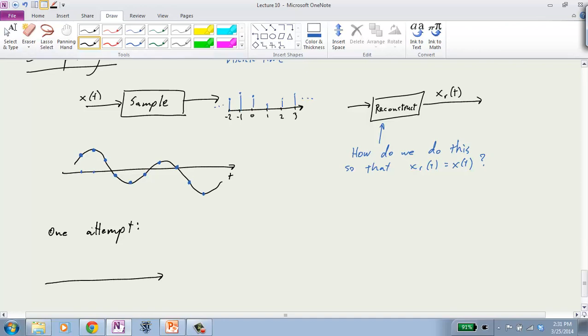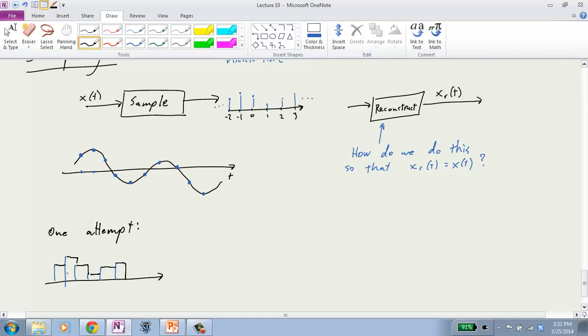So one way would be to do the following with the samples. Just take your samples and do what's called a zero order hold. You just do this. Remember, the reconstruction should be taking discrete time back to continuous time.